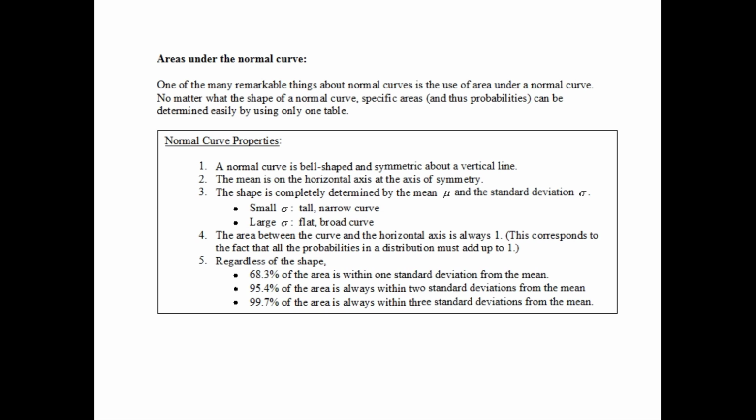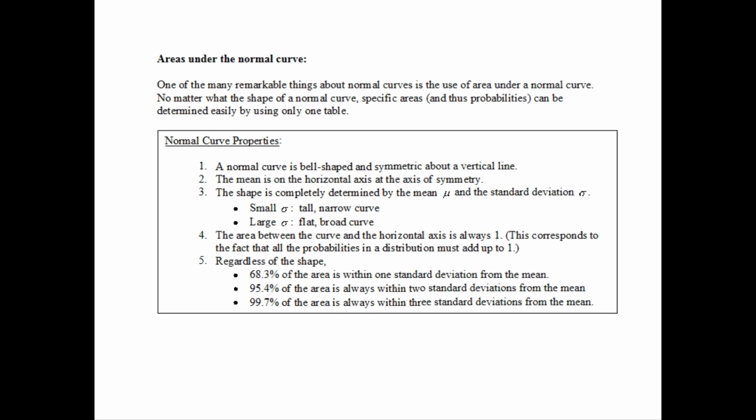Regardless of the shape, the mean and the standard deviation can differ. We're going to have 68.3% of the area within 1 standard deviation of the mean, 95% of the area within 2 standard deviations, and 99.7%, that means nearly all of it, within 3 standard deviations from the mean.